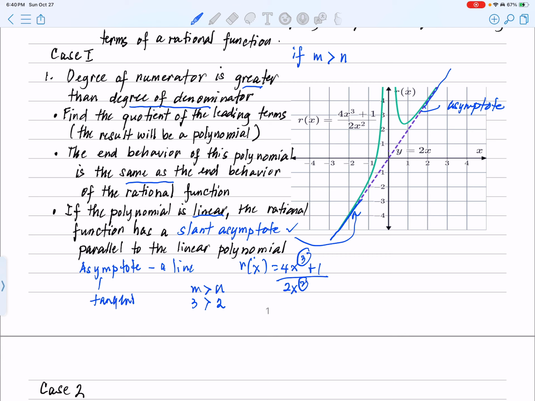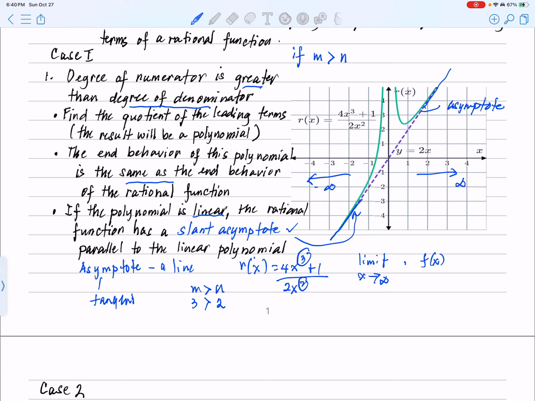If this happens, the limit as x approaches positive infinity, and this is the negative infinity, the function would go to either positive or negative infinity.